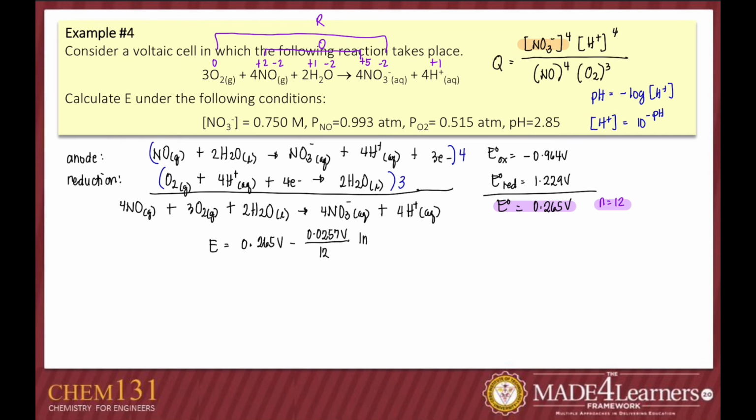So ang concentration, so this is 0.75, so this is for the nitrate ion raised to the power of 4, and then for hydrogen, that's 10 to the negative 2.85, and we also raise that to the power of 4, and then divided by pressure of the nitrogen monoxide, which is 0.993 atmosphere, and we raise it to the power of 4, and then pressure of oxygen, which is 0.515 raised to the power of 3.